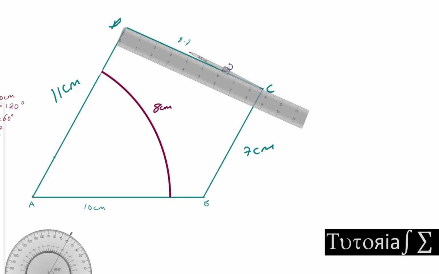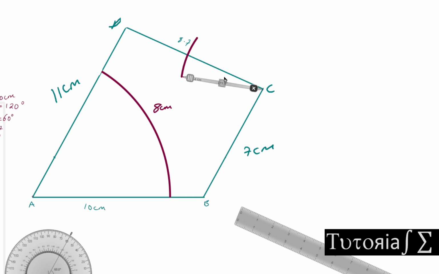Measure out a distance more than half of CD, then CB.